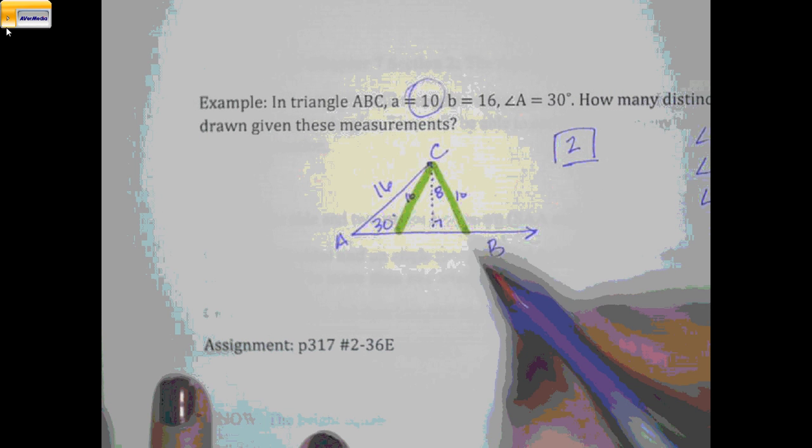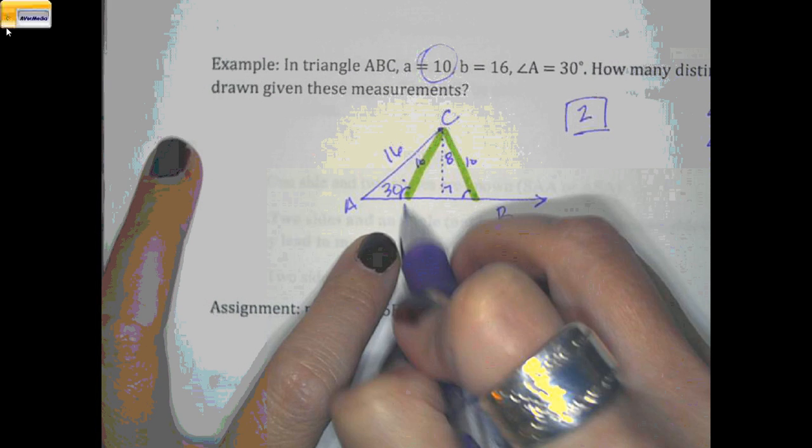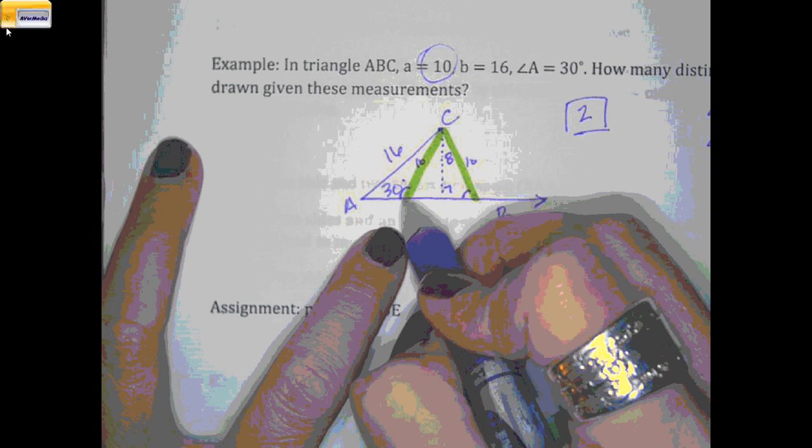I get it. Okay, so here's the thing. We need to calculate this angle, and we're going to have to calculate this angle. B could be here, or it could be over here. Let's try this little guy first.